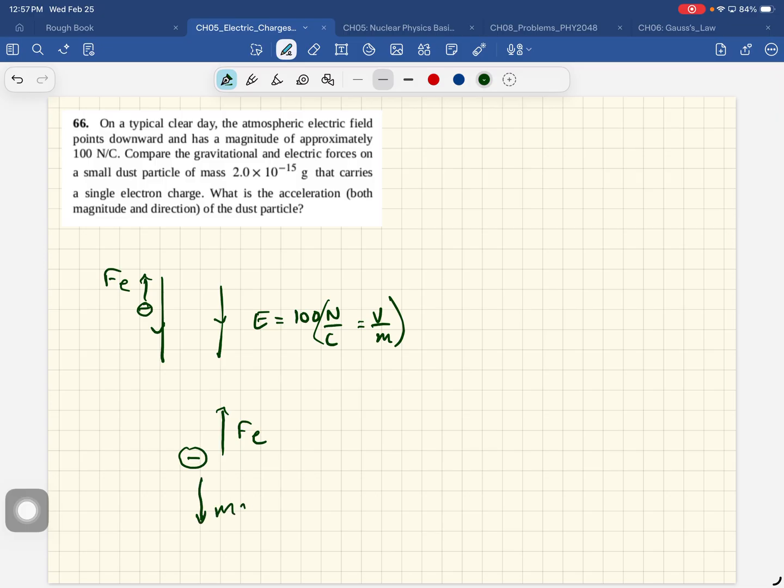This is the magnitude of the charge of the electron, and we're just calculating the magnitude of the force. E is 100 Newton per coulomb, and the particle weighs 2 times 10 to the minus 15 grams, which is 2 times 10 to the minus 18 kg, times 9.8 meters per second squared. So this is 16 times 10 to the minus 18, 16 divided by 2 times 9.8.